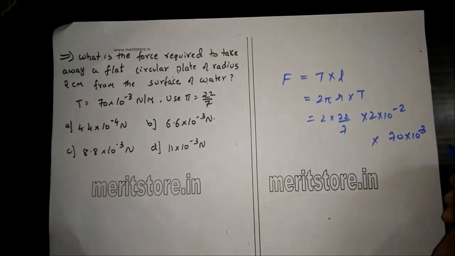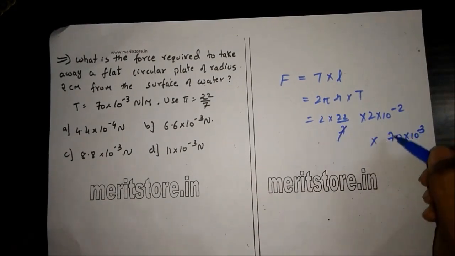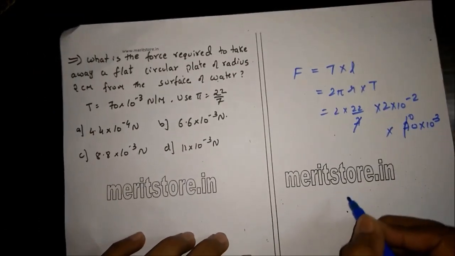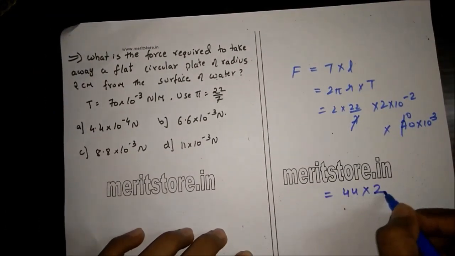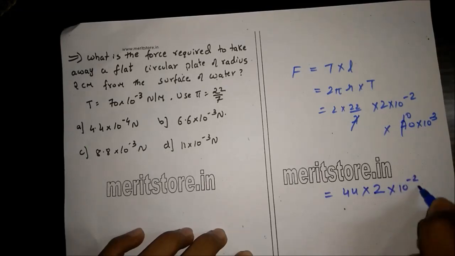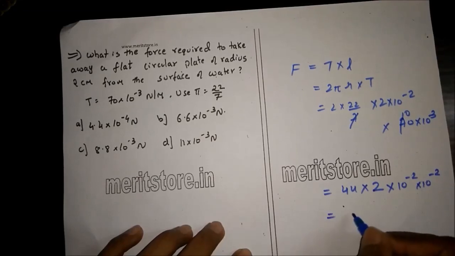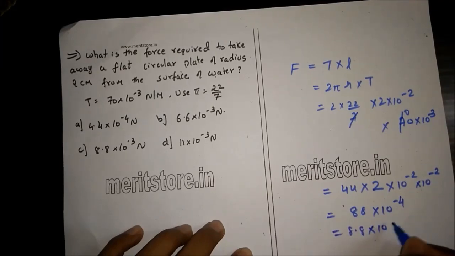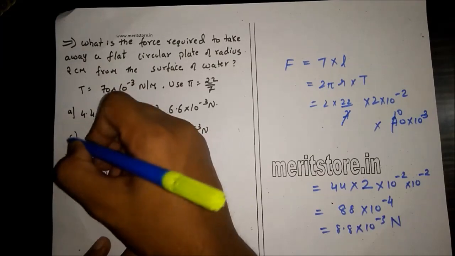On calculating, first we can remove 7 and make this as 10. So we'll get 44 into 2 into 10 raised to minus 2 into 10 raised to minus 2, which will be equal to 88 into 10 raised to minus 4, which is equal to 8.8 into 10 raised to minus 3 newtons. Therefore, the correct answer will be option C.